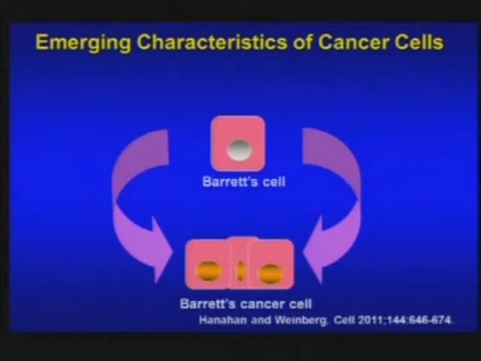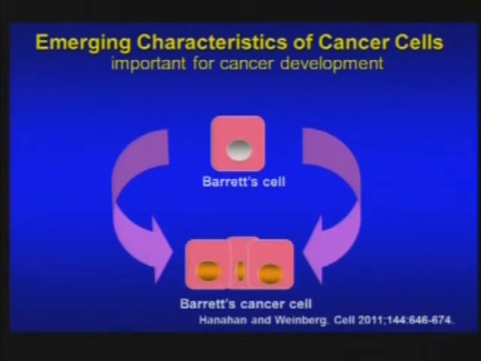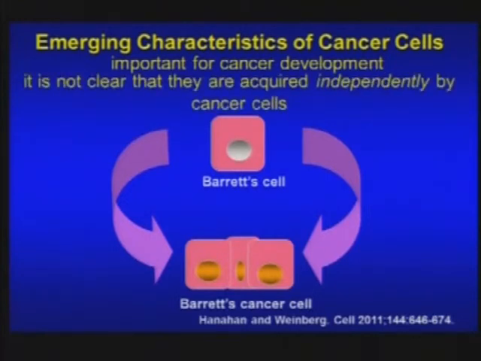So in the last few years, there's been more progress in understanding the complexities of cancer formation, and there are two new emerging characteristics of cancer cells. These are considered emerging because while they do appear to be important for cancer development, it's not entirely clear that the cell has acquired these new characteristics independently, or rather that they're simply a result of already having acquired the 6 core features that we just discussed.